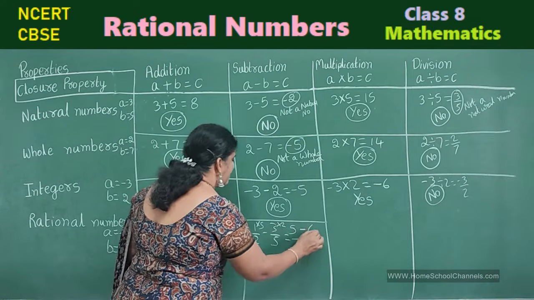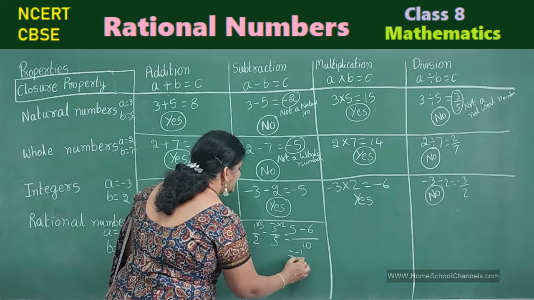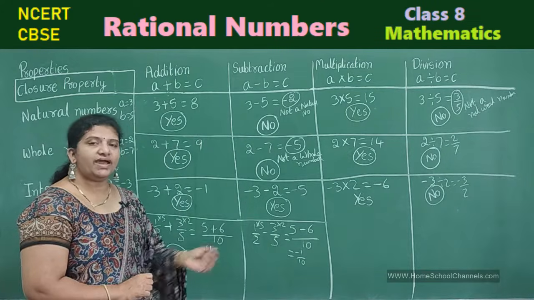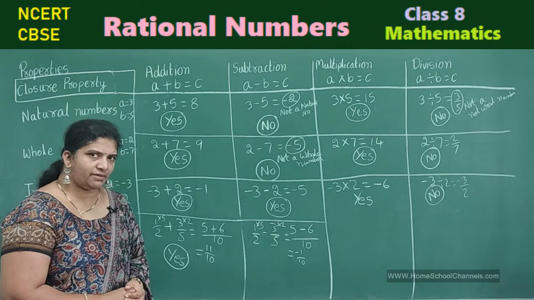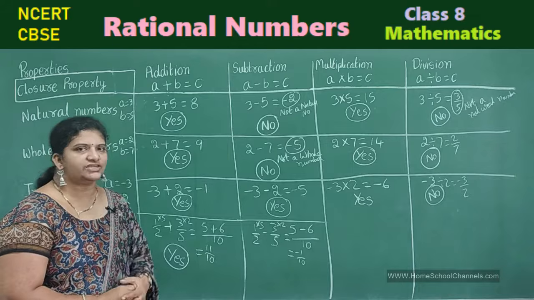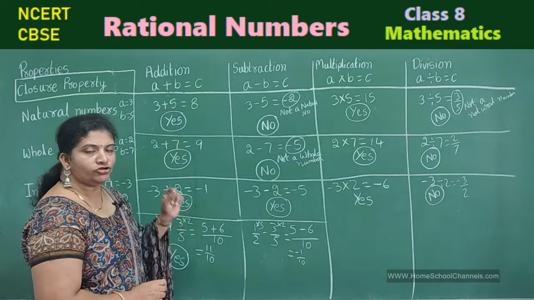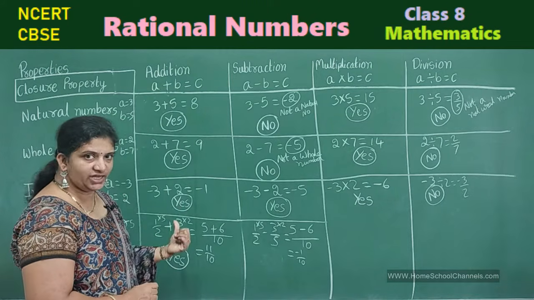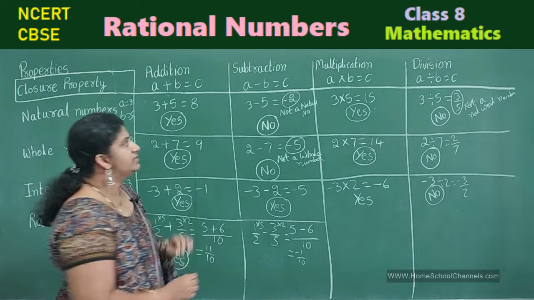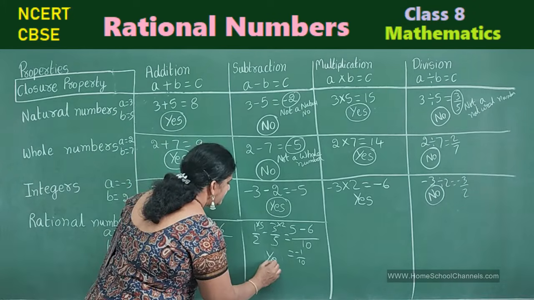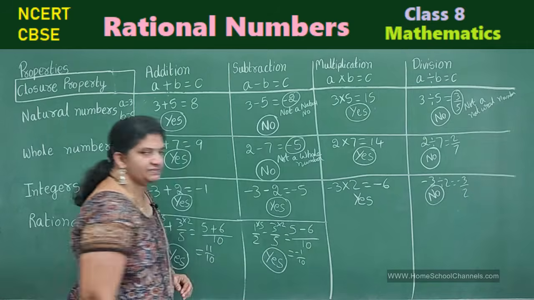Minus 3 2s are 6. Minus 1 by 10. Minus 1 by 10, is it a rational number? Yes, it is a rational number. Therefore, closure property of rational numbers is true for subtraction. That means you write here yes.